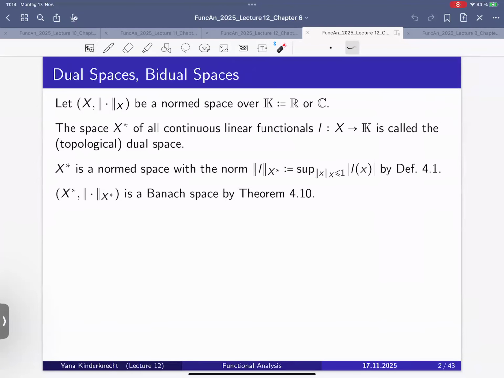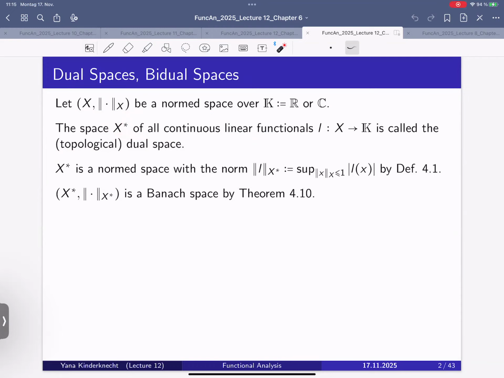Prelude. Let X be a normed space, again over R or C. I recall that the space of all continuous linear functionals is denoted by X star, where star is like a snowflake, and it is called the topological dual space. Usually I just say dual space because we mainly work with the topological dual.